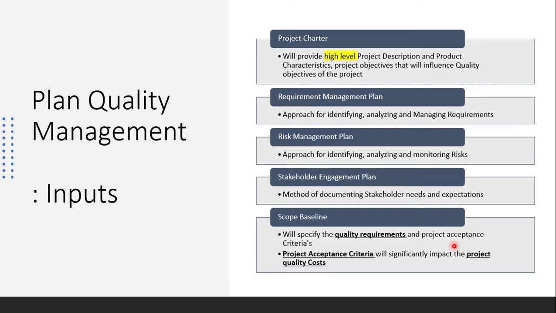So if the UAT says a certain degree of uptime is required, or a certain degree of concurrent connections, or certain other product requirements, or maybe the scope baseline will say that the user interfacing should be in line with certain quality standards.